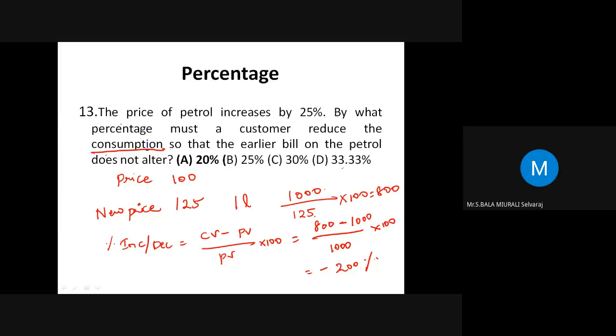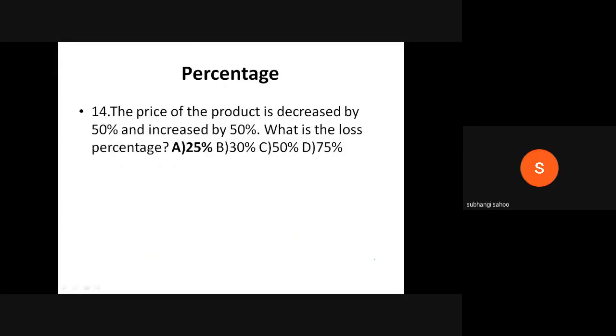Then normal current value, previous value, consumption, usage, anything, the formula is the same. Understood? Yes, sir. Thank you. Can you work this out and tell me the answer?